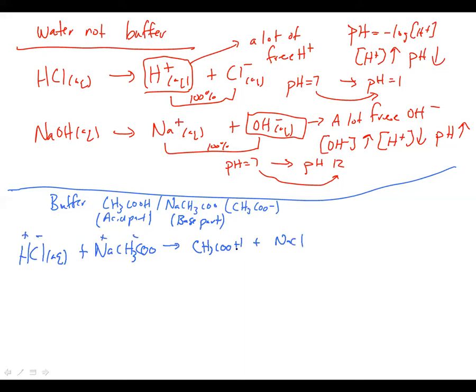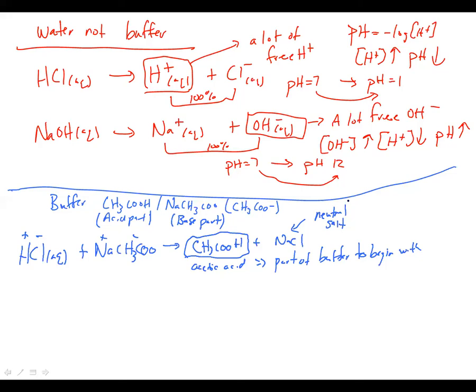Importantly, when we look on the product side, we made some acetic acid, which is part of the buffer to begin with. So that's not going to mess up the pH. We also made sodium chloride, which is a neutral salt, because it comes from a strong acid and a strong base, and it will not do anything to the pH.